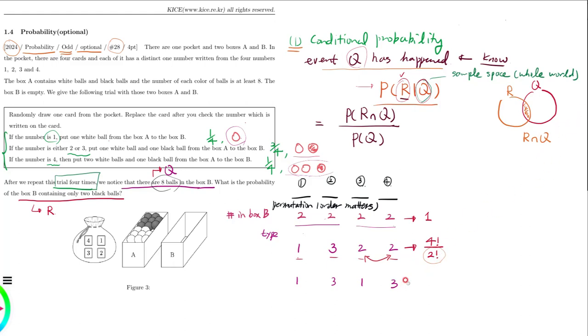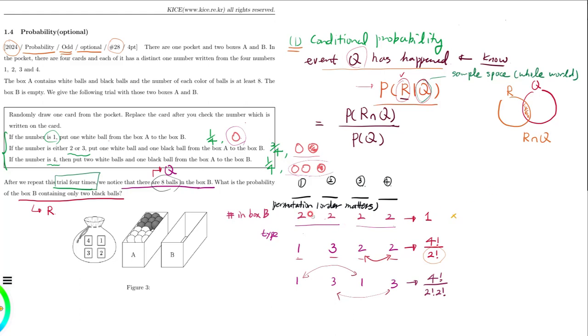On the third case, 1, 3, 1, 3 type, this should be 4 factorial over 2 factorial times 2 factorial, because those 2 threes and those 2 ones can change their positions independently.